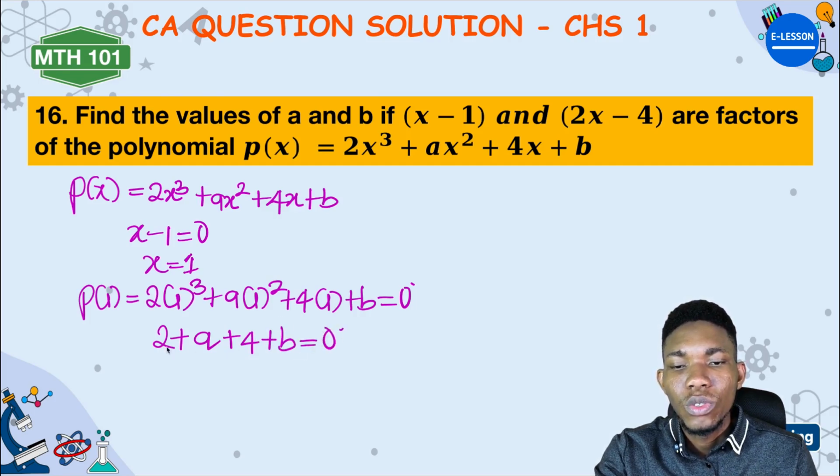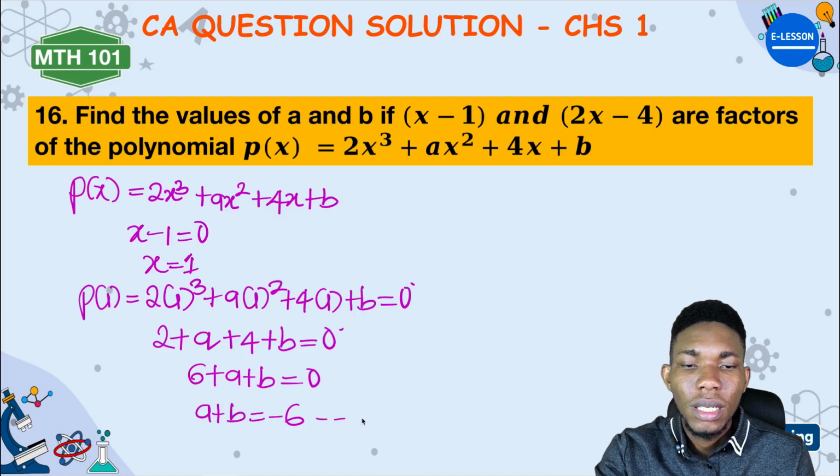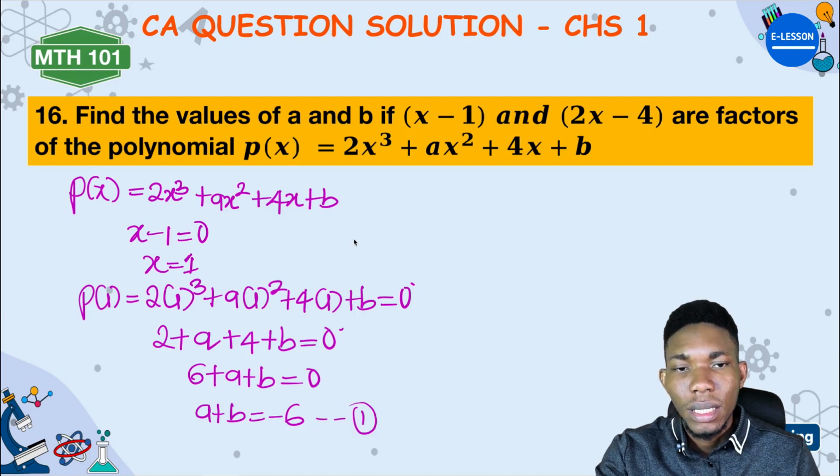Is that okay? 2 plus 4 is 6. So 6 plus a plus b equals 0. So a plus b equals, take this 6 to this side, becomes minus 6. Equation 1. Is that okay?